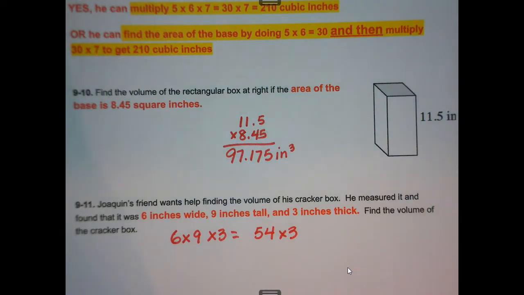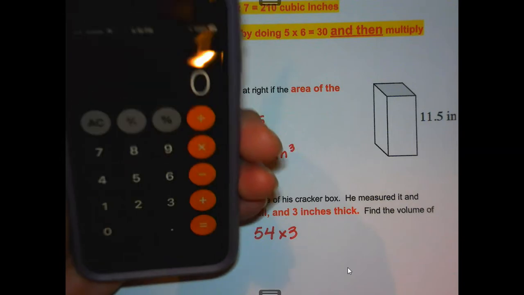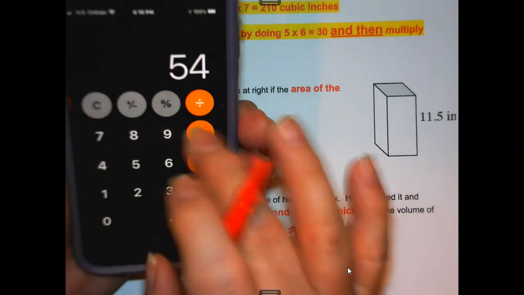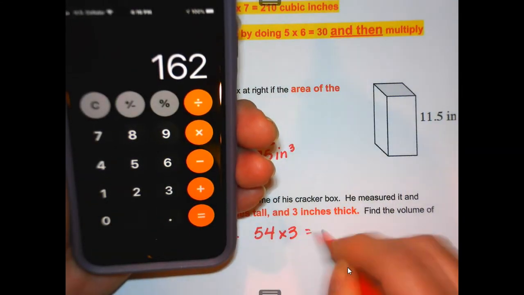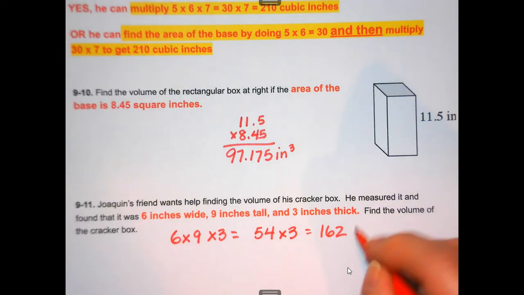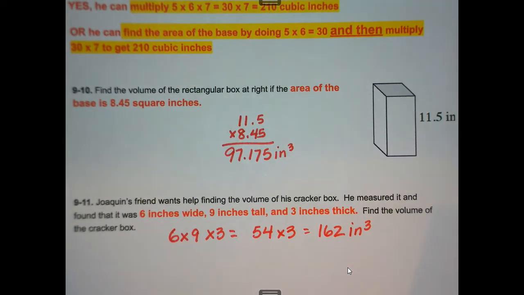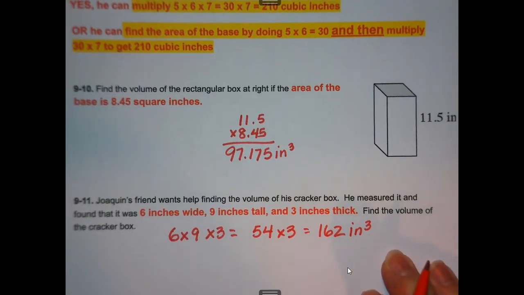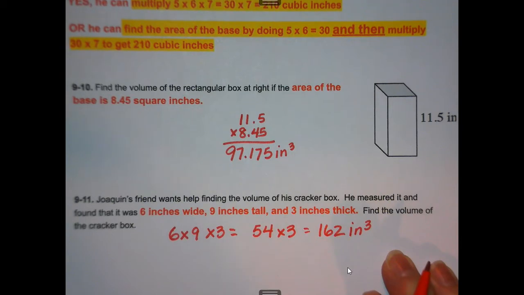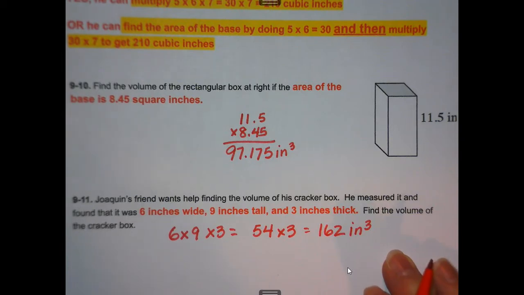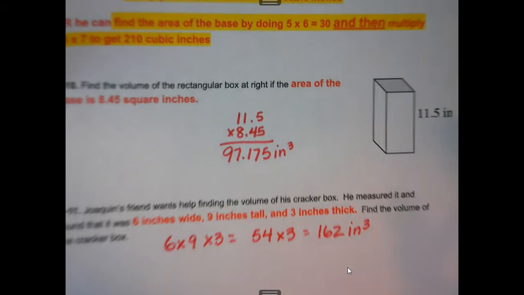And if we do that math with a calculator, 54 times 3 gives me 162 inches cubed. So the volume should be, for those of you that remember things that happened in elementary school, we did probably work on volume in grades 4 and 5, and length times width times height is something that you're going to be seeing as you move on into future years of math class.